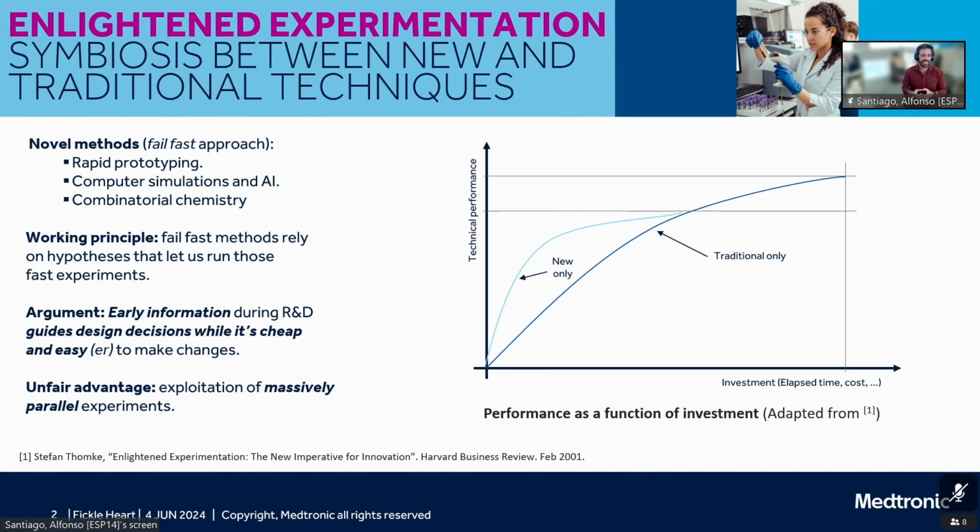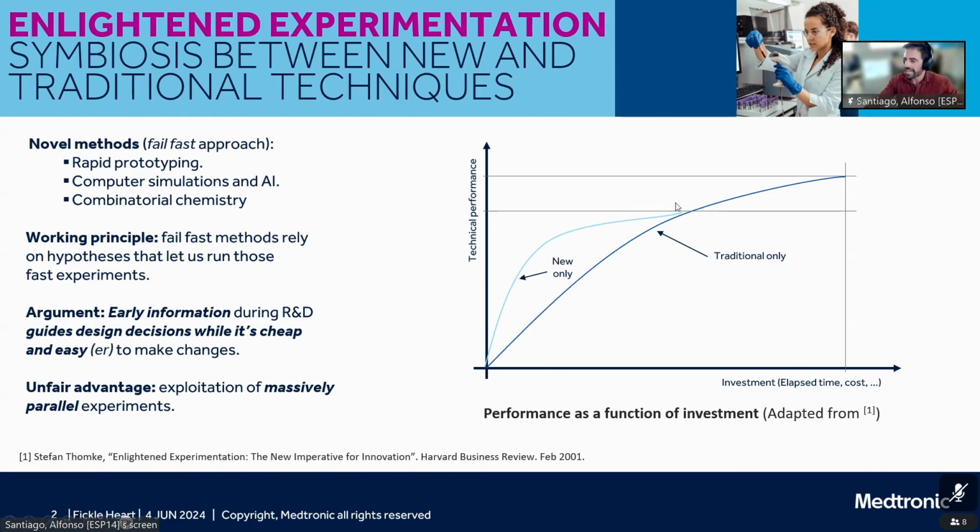And the argument is that when you exploit this type of rapid prototyping technique at the beginning of the R&D iterations, you get more out of it, because the more information you have at the beginning of the design cycle, the easier it is to make the changes.